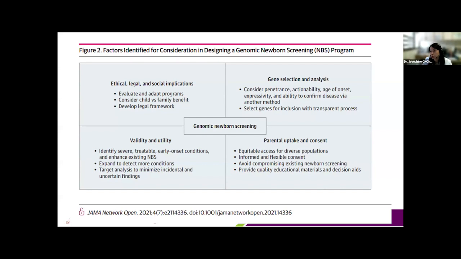So that consent will not be a very simple and straightforward consent. We need to make sure that the parents understand the possible consequences.